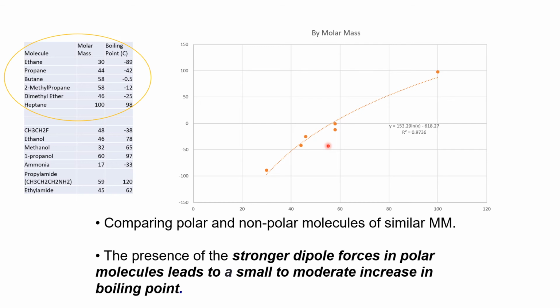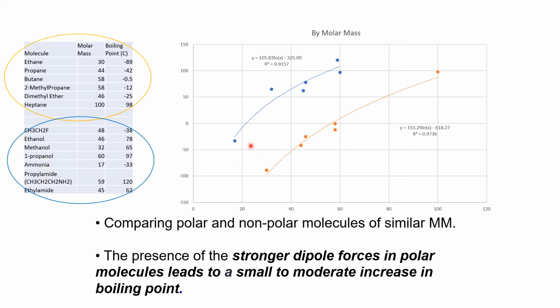So then, if we also plot down here on the bottom the molar mass versus boiling points of this group of molecules, we see, look, this is a whole different population of molecules. And the difference is that the orange ones, ethane and propane, all these guys, are non-polar molecules, right? So they only have those dispersion or London dispersion forces.